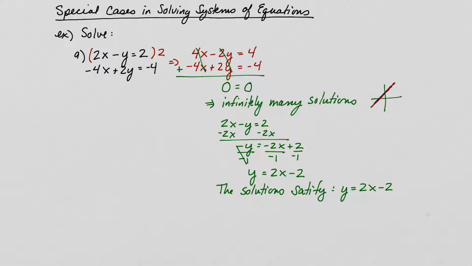So let's try another example. Example B, I have the equation 3x plus 2y equals 5 and 4x minus 4y equals 4. Again, let's try to get rid of x.